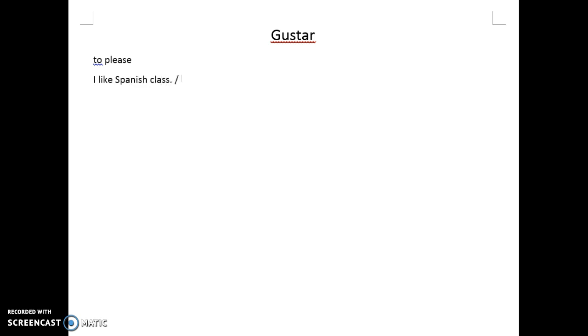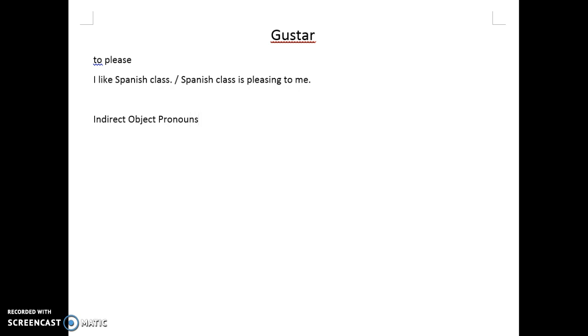But we need to change how we think when we're using the verb gustar and instead say that Spanish class is pleasing to me. Okay, so when we're talking with the verb gustar, that "to me" is expressed with the indirect object pronoun.